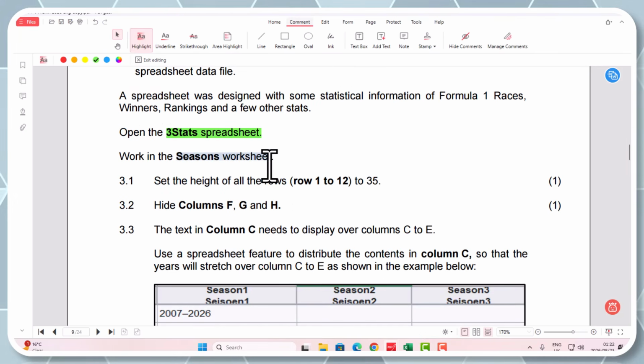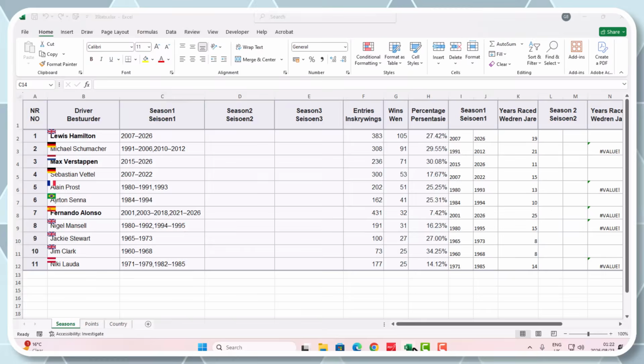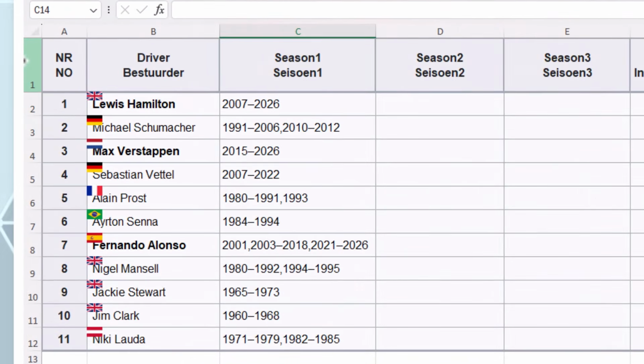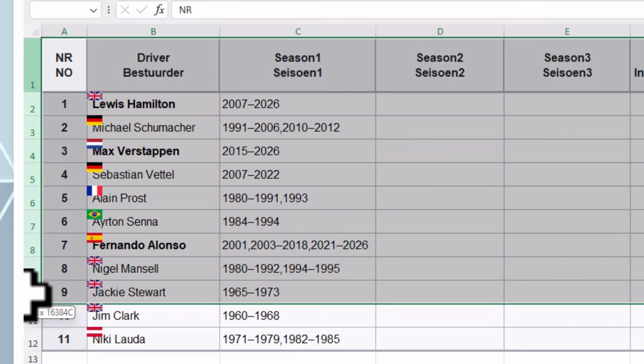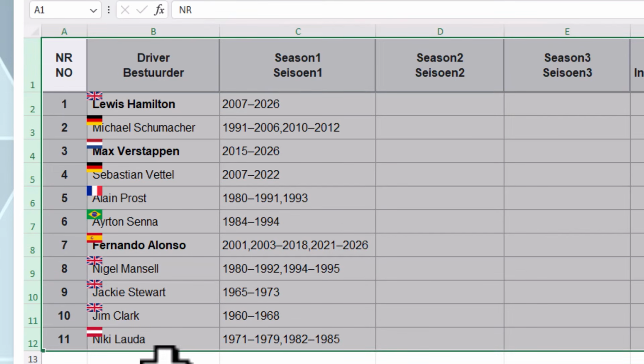Work in the seasons worksheet. Set the height of all the rows, which is from row 1 to 12, and we have to make it a size of 35. Okay, so here we go again. Let's go to Excel, and we're going to go from row 1 up to cell A12.